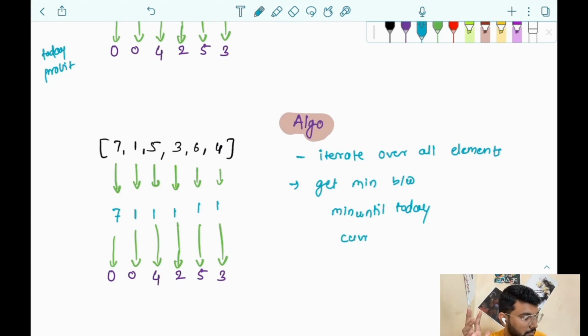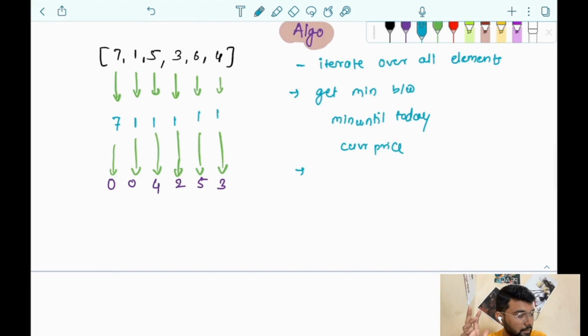That's all. Then get today's profit by subtracting the minimum until today from the current price, and keep track of maximum profit.